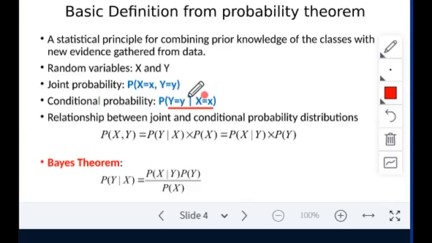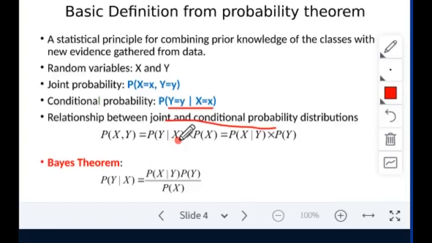The relationship between the joint and the conditional probability is given in this form. That is, probability of x and y is equal to probability of y given x. In some cases, it will be pronounced like the P of y being true given x is true.